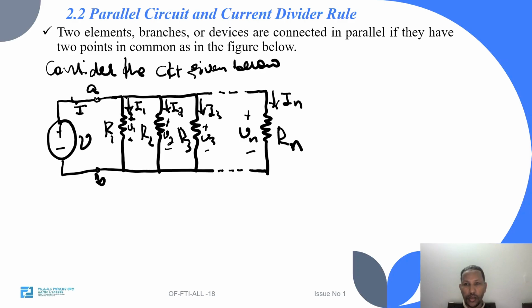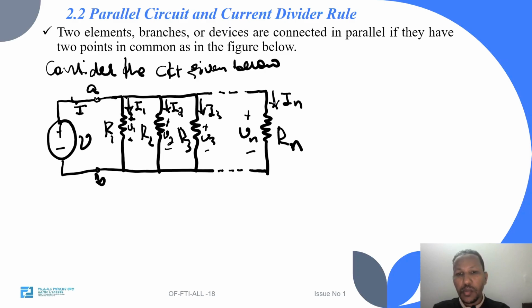Okay. So when we say two elements, branches or devices are connected in parallel, they have 2 points in common, as shown in the circuit given below. You can consider all the elements connected in parallel. That means they share 2 points in common.